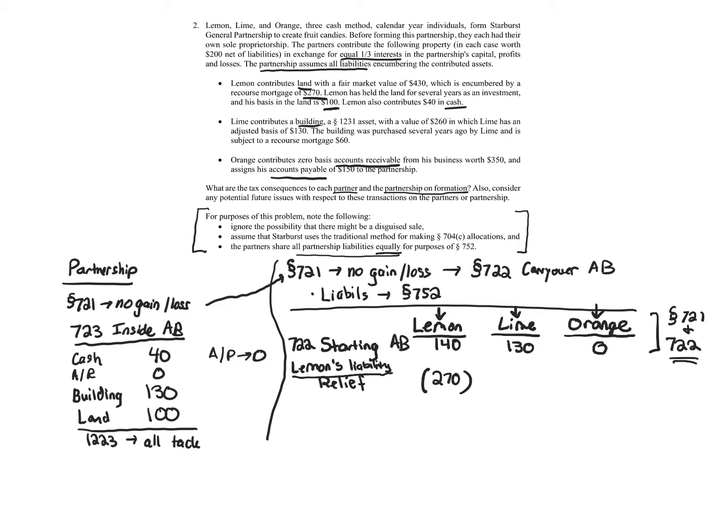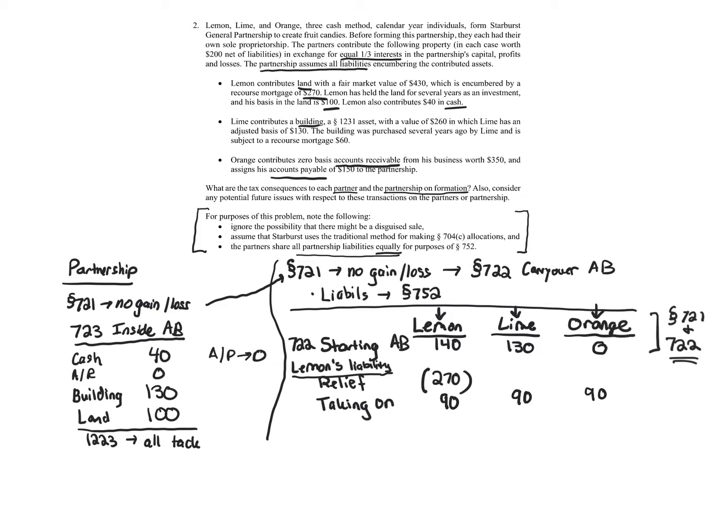Okay. Well, the partnership takes on the liability, and again, the partners are splitting the liabilities equal. So this is considered the partners taking on, and again, it's going to be split equally. So 270 times 1/3, or divide by 3, is 90, 90, and 90.